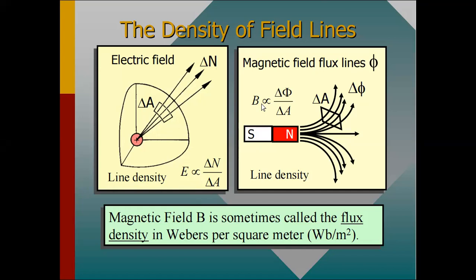Capital B is the magnetic field, and this is the magnet with its south pole and north pole. The magnetic field B is sometimes called the flux density, measured in Webers per square meter.